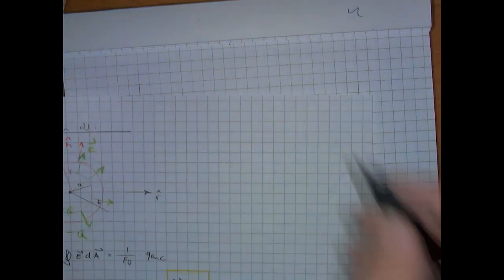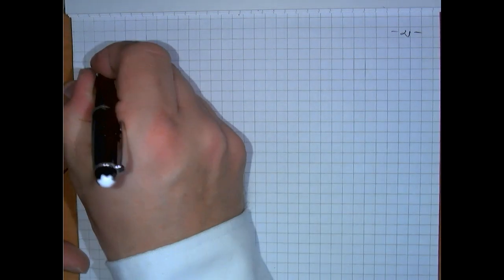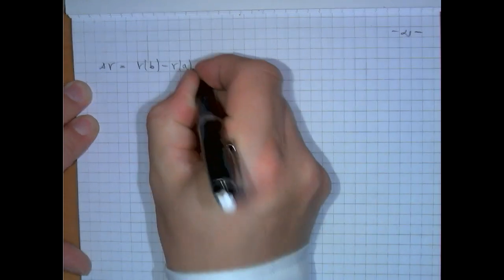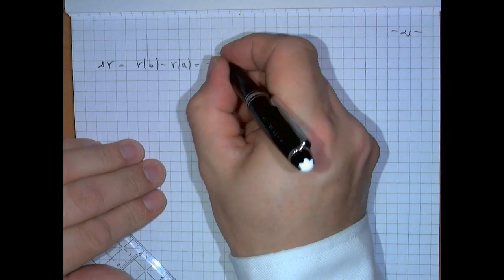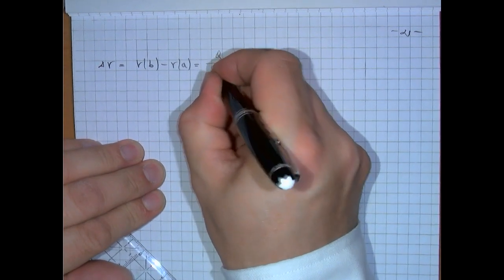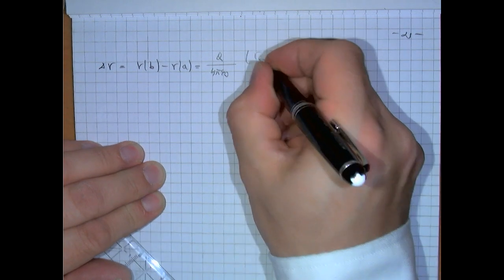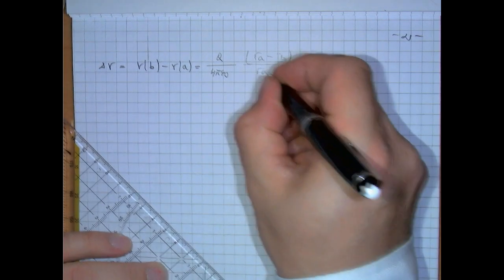Yeah. So now you can write this in a little bit more elegant form. Let's label this here as 1, 2. You can also write this as delta V equals V_B minus V_A equals Q over 4 pi epsilon naught times (r_A minus r_B) divided by r_A r_B.